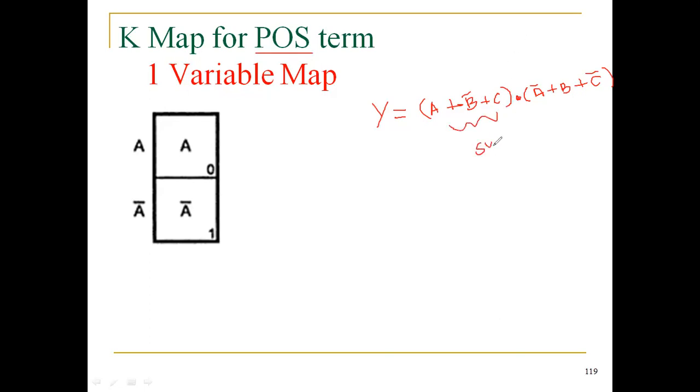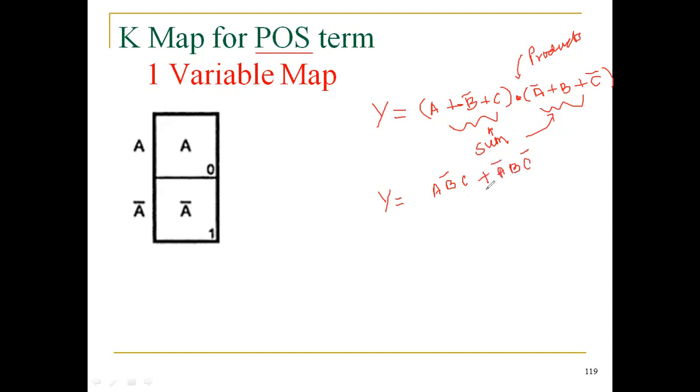The dot indicates products. So the variable sums are multiplied here, but in the previous case it is like this: a b bar c plus a bar b c bar.